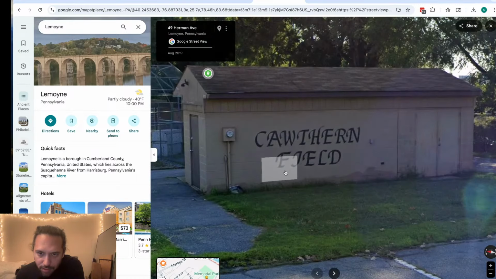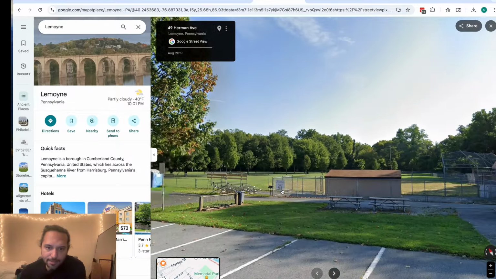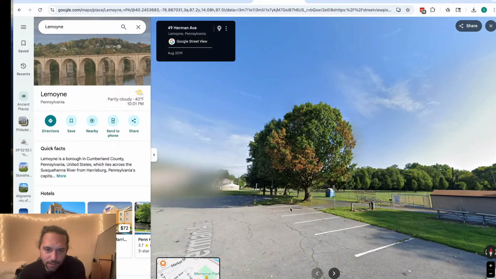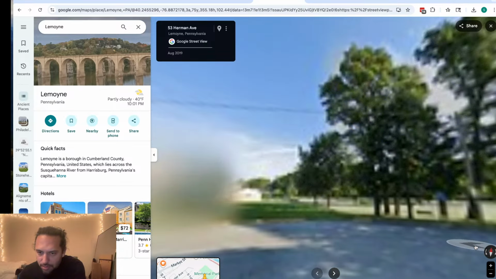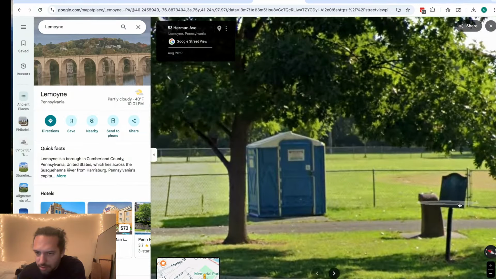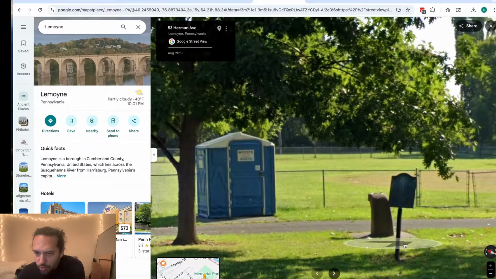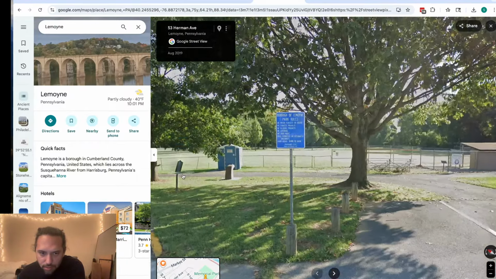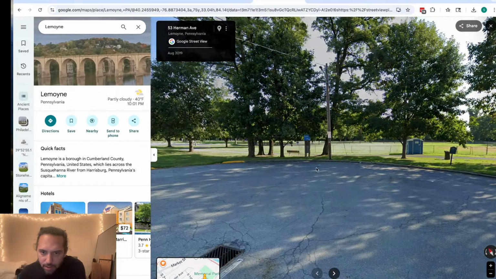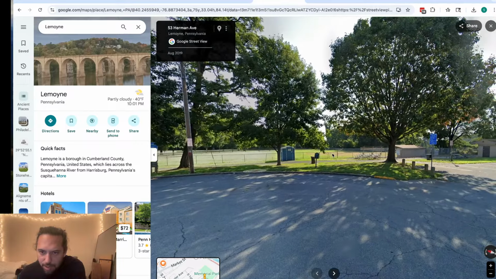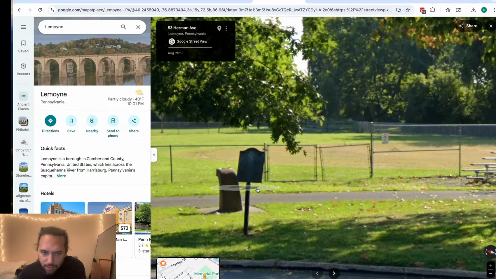Welcome to Cawthorn Field. Do we see any? Oh, what's that? Could that be a historic marker? Ooh, what is that? Can't read it. Is that something? That could be a historic marker of some sort. I don't know. I don't have a good picture of it.